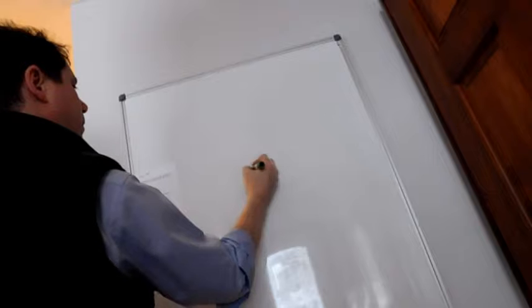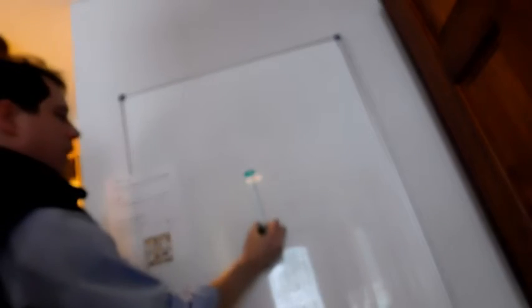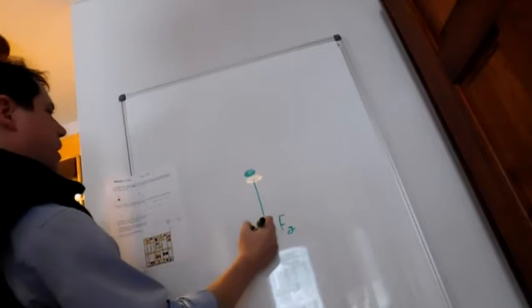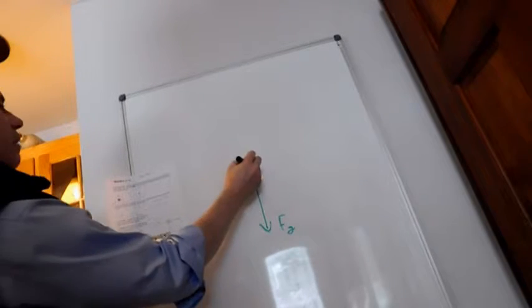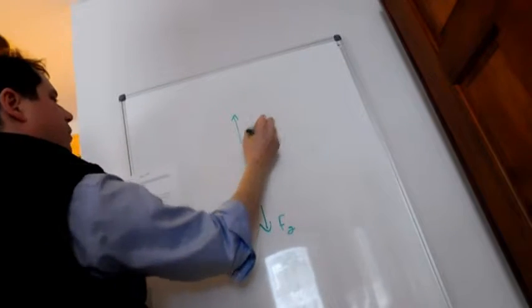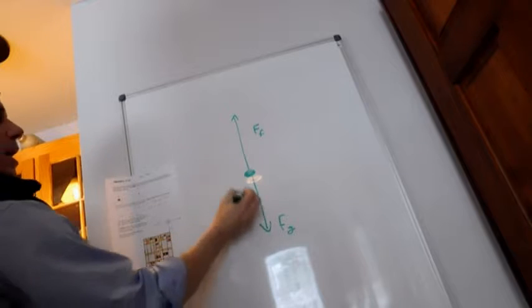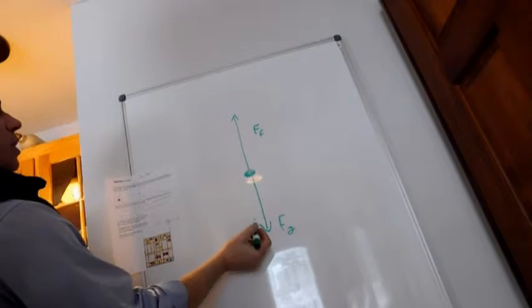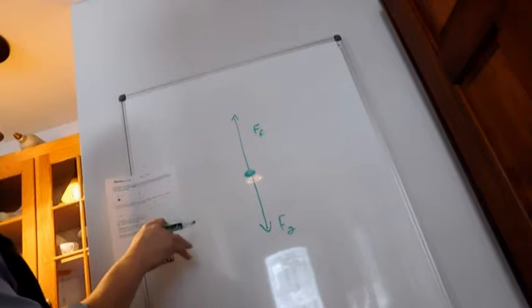Now let's take a look at the free body diagram. There's our dot representing the box. We've got gravity pulling the box down to Earth. That's Fg. And then we have the force of friction pushing back up on the box as it falls down.